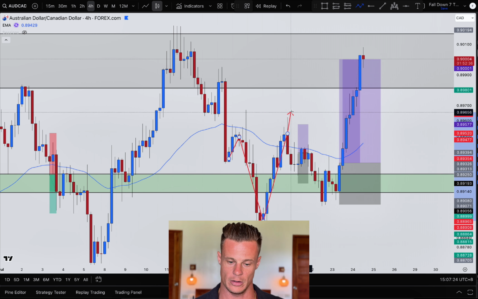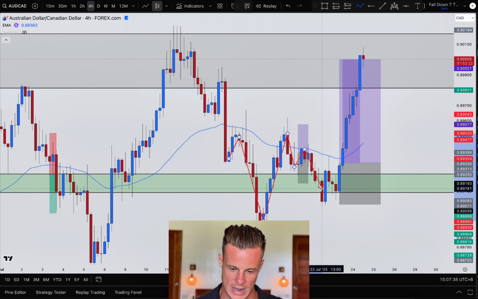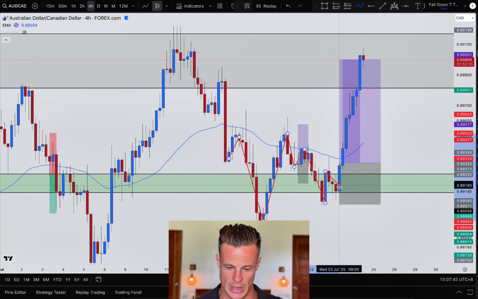If we didn't fail and broke above, then it would make the 4-hour chart bullish, which I would be interested in buying. But we came back, I tried to long it here because I saw something in the chart. But then when we came back here, I saw this strong bullish engulfing on a 4-hour. And then we came back and I bought it here.